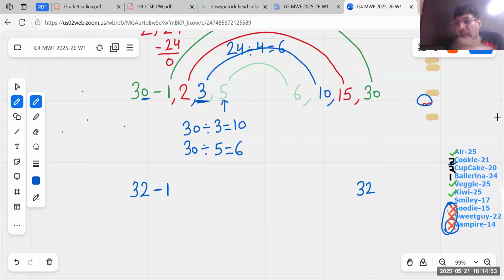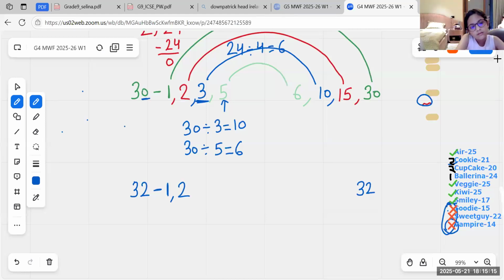Shania and Sweet Guy, did you write it? Yes, sir. Then, Sir, which is the second factor? Shania, 3. Beta, again you missed it. 32 is even, so 2 will be a factor. Yes? So 2 will be a factor. Then I will divide 32 by 2 to get 16.